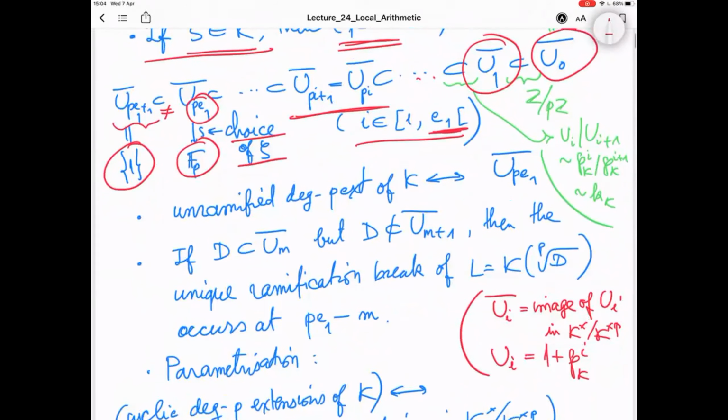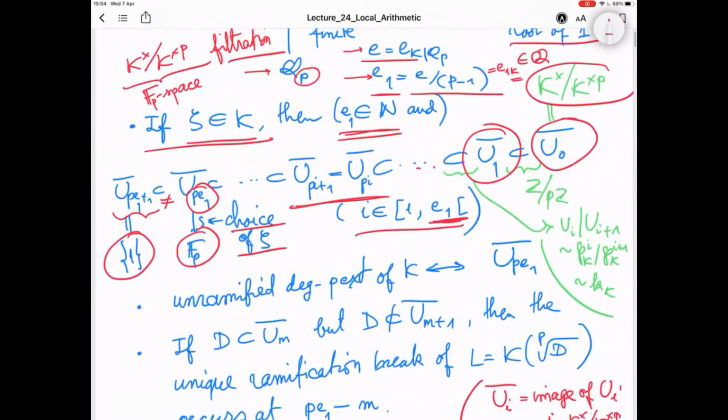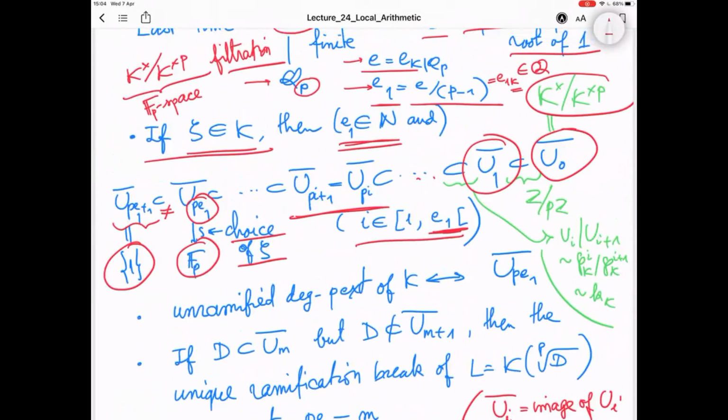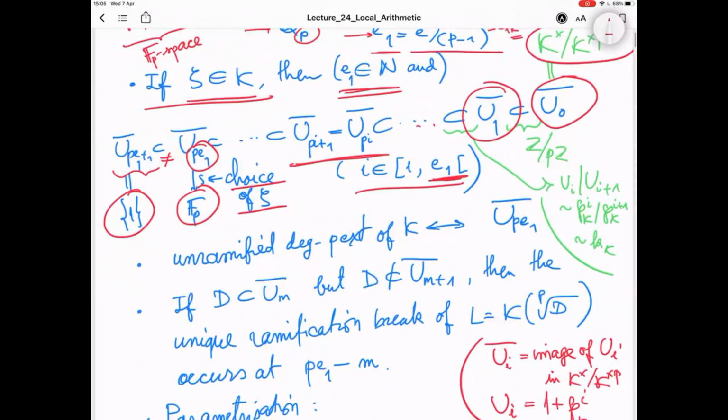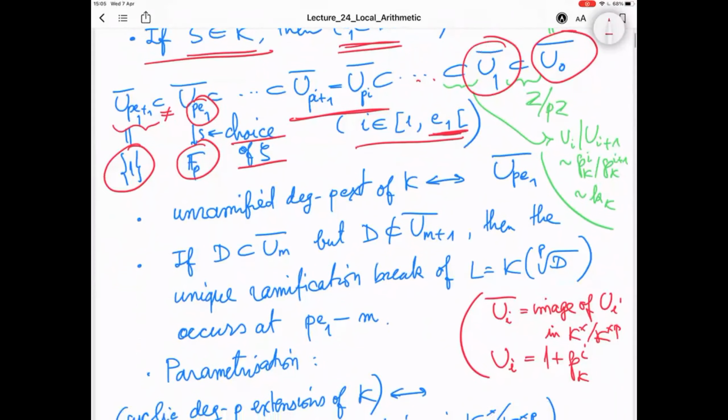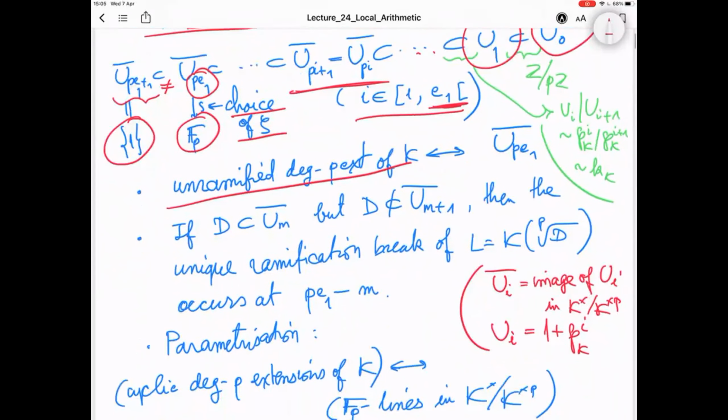In general, by Kummer theory, cyclic extensions of degree p of a field containing a primitive pth root of unity correspond to lines in the F_p space K star modulo K star to the power p. In this case, our field is a p-adic field. It has a distinguished cyclic extension of degree p, namely the unramified one. And the question could be asked, which line does it correspond to?